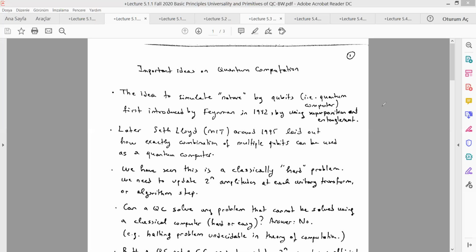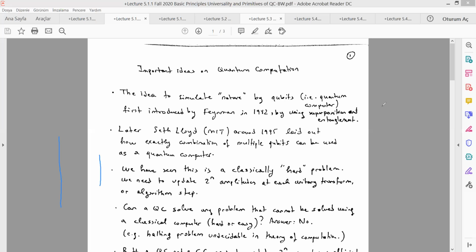So any problem that scales exponentially, we call it a hard problem or a difficult problem. Any problem that scales in polynomial with respect to n, the number of qubits, we call it an easy problem. So we have seen that classically we need to update all these 2 to the n amplitudes at each unitary transform. In other words, it is a separate step in the implementation of the algorithm.